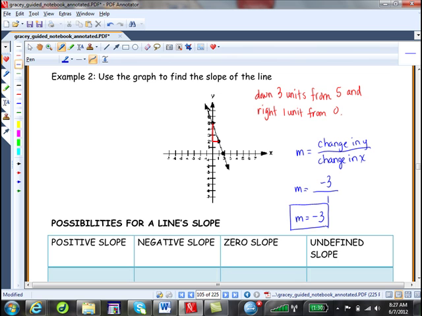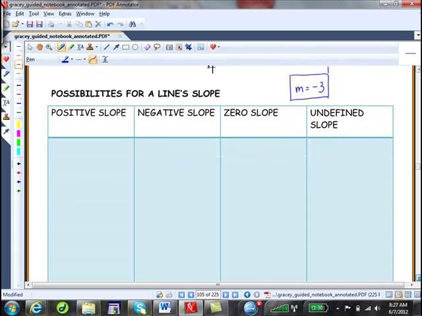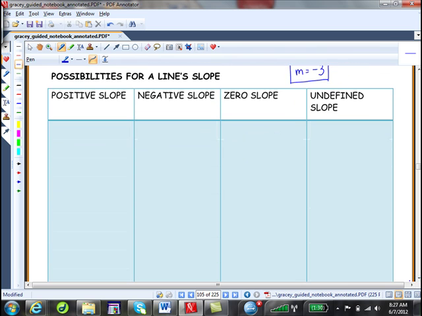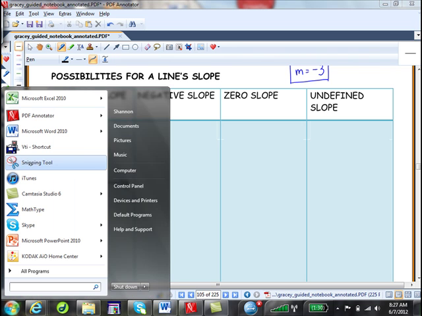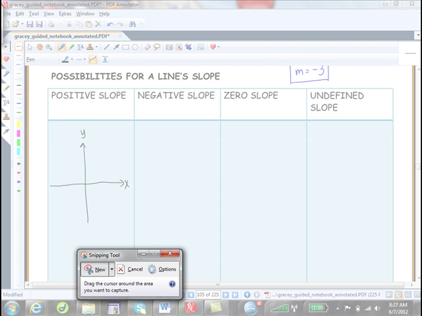Okay, so here are the different possibilities for a line's slope. You can have a positive slope.